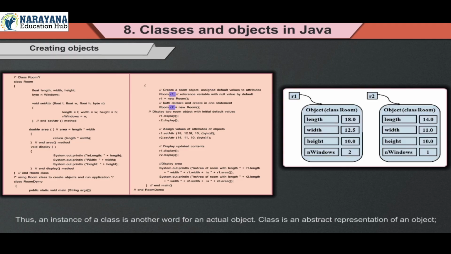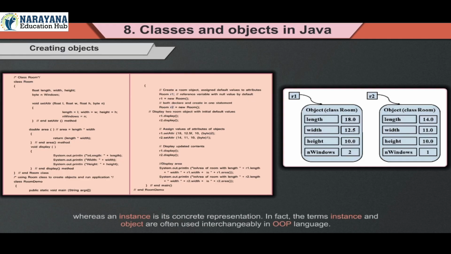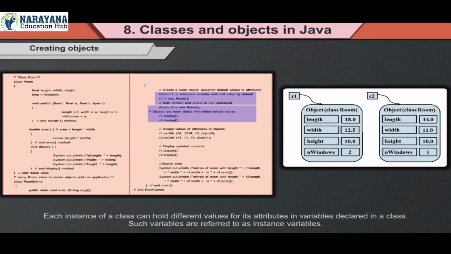Thus, an instance of a class is another word for an actual object. Class is an abstract representation of an object, whereas an instance is its concrete representation. In fact, the terms instance and object are often used interchangeably in OOP languages.